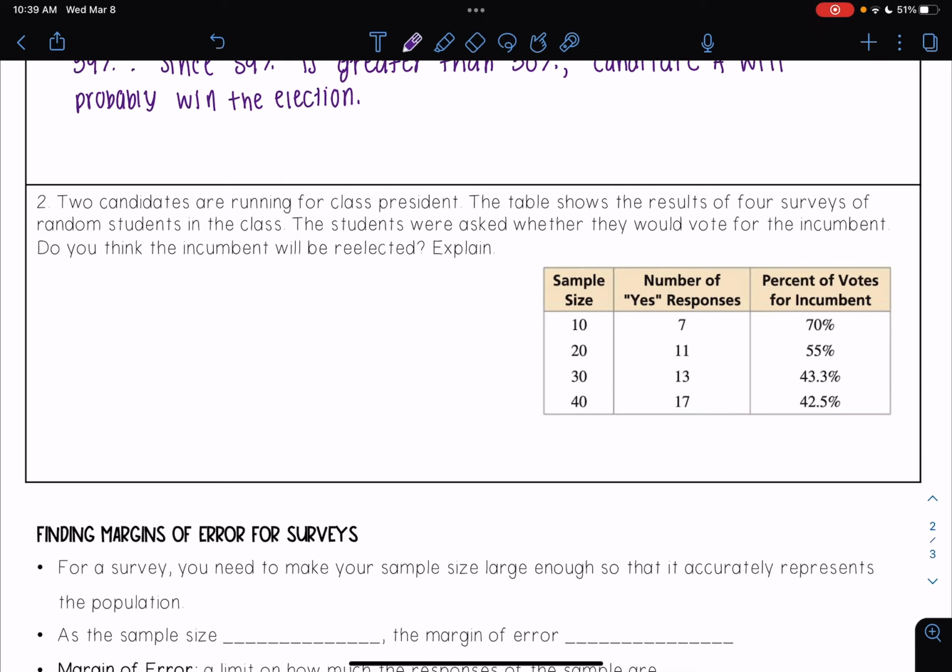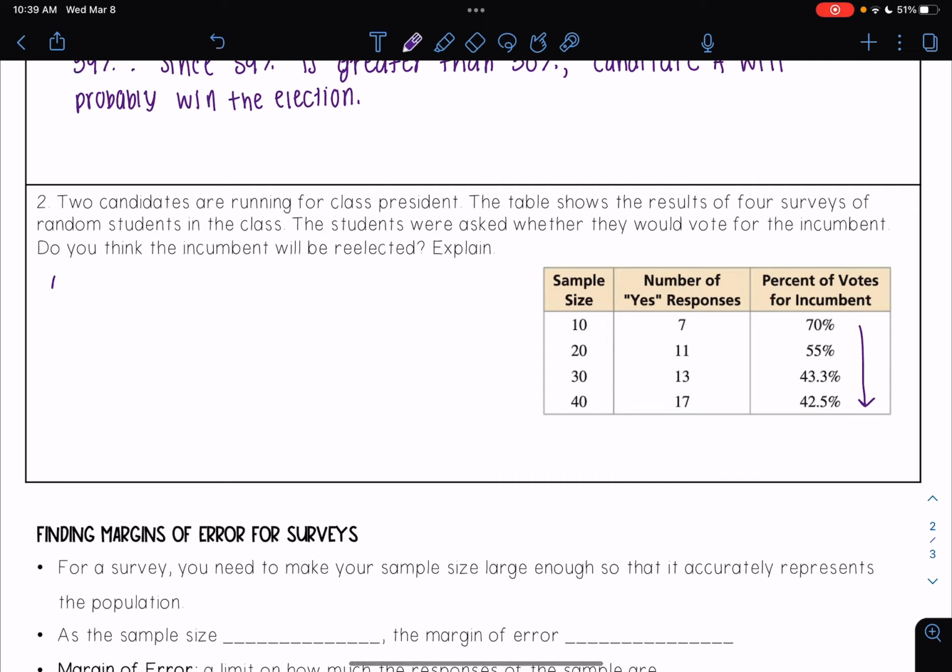And so here, again, we want to look at how we see the percent of votes change as the sample size increases. So I see in that first survey, when there's only 10, there was a 70% votes for yes. But I see as the sample size increases that this actually decreases.